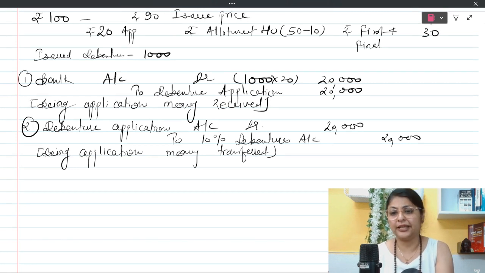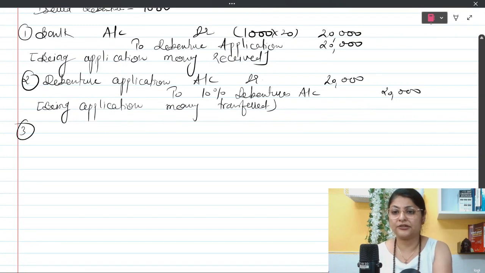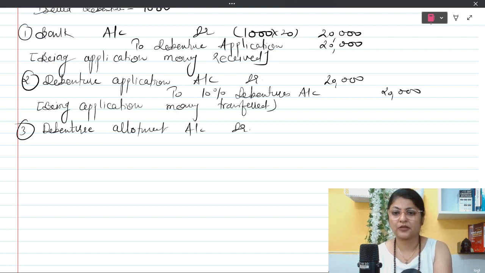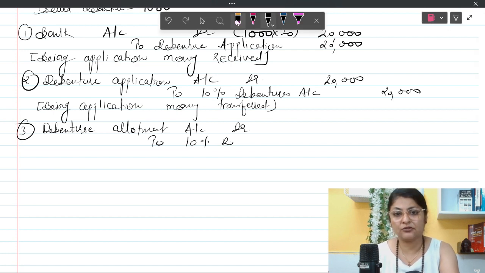Now we will do the next entry, and this entry is important. The next entry is debenture allotment account debit to 10% debenture account. Sorry, one space I had to leave over here.